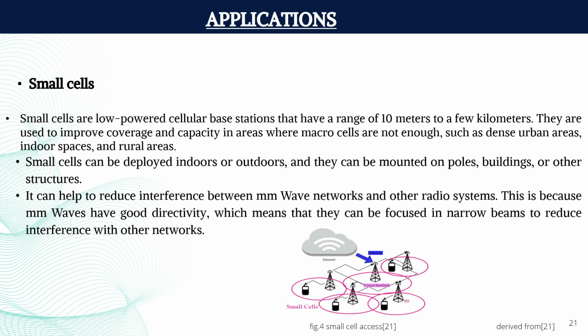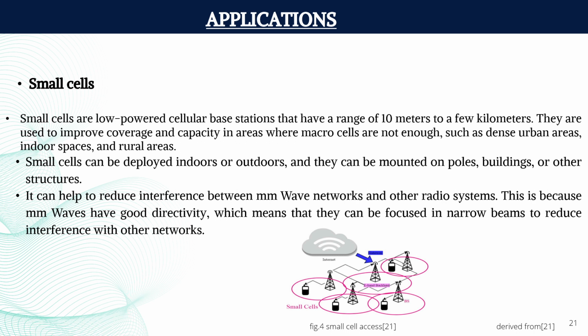In small cell deployment, small cells are low power cellular base stations, and macro cells are high power cellular base stations. Mainly these small cells are deployed to improve the coverage and strength of the signal where macro cells are not enough or absent.